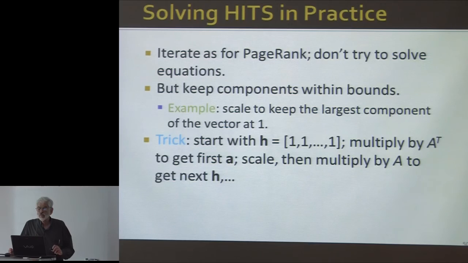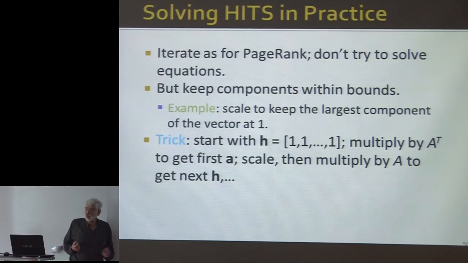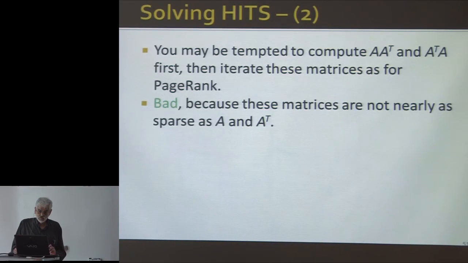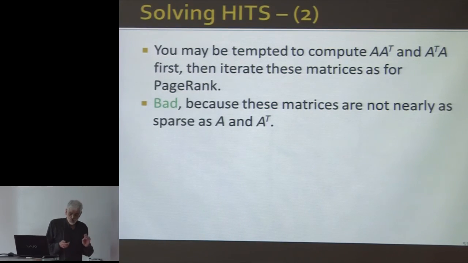Then I can multiply by A to get the next value of H. And here I'm only multiplying by these very sparse matrices, which is more efficient than multiplying A and A transpose first and then doing one matrix vector multiplication. And then at some point, I have to keep scaling. Okay, well, this is really just saying why you want to multiply by A transpose and then multiply by A rather than multiplying A A transpose once and multiplying by the product.